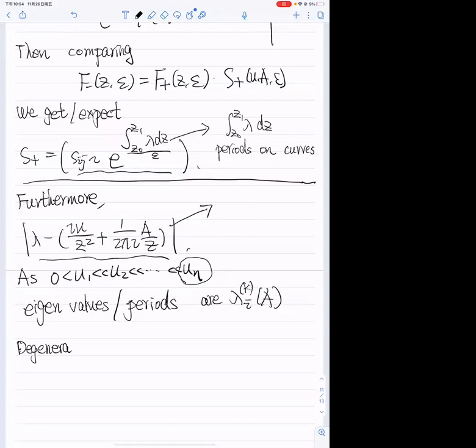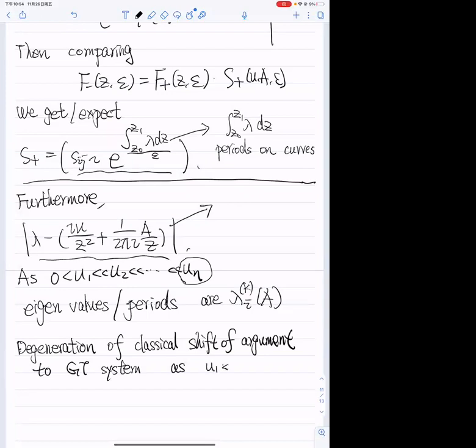For those who know the shift of argument, this is the degeneration of the classical shift of argument system or algebra to the Gelfand-Tsetlin system. The shift of argument algebras are parameterized by U1 to Un, and in this limit they degenerate to Gelfand-Tsetlin in some projective sense.